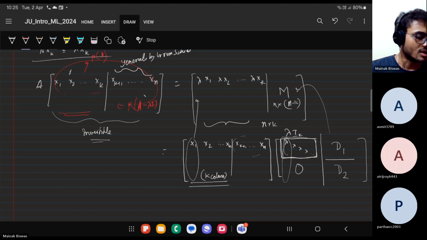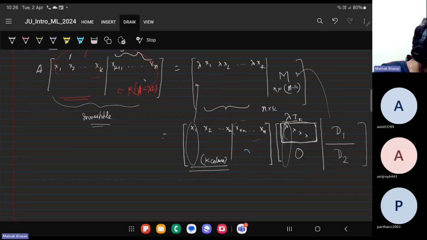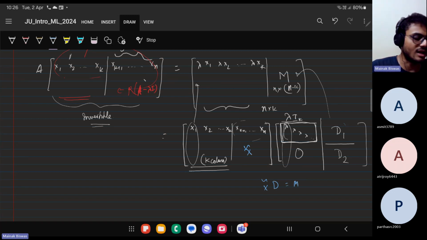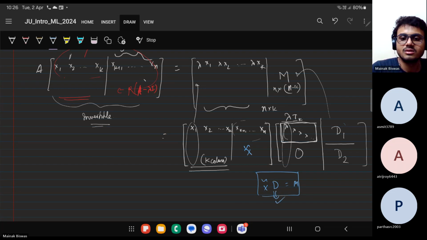Did you understand that if I write this as some x tilde matrix, then x tilde D is equal to M? This is what I claim. This is how you will solve it and find D. You happy with my arguments? Yes.